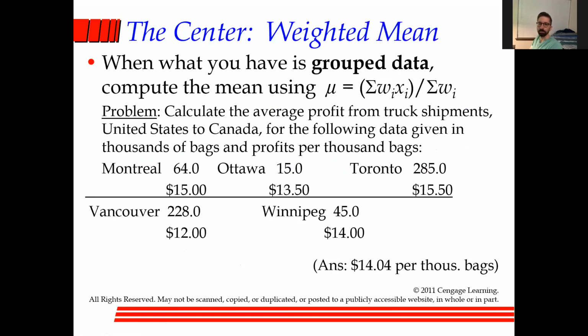But if we wanted to weight these values by something else, then we use this formula called a weighted mean, all right? So when you have what are called grouped data in groups, these would be groups, right? Montreal, Ottawa, Toronto, Vancouver, Winnipeg.